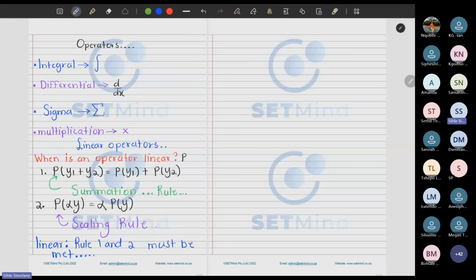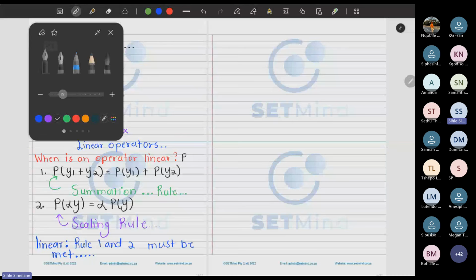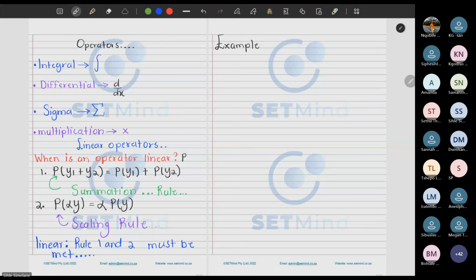So let me give you an example. I'll call it example 11. If you remember from first year, you are required to differentiate, let's say, x cubed plus 3x squared.